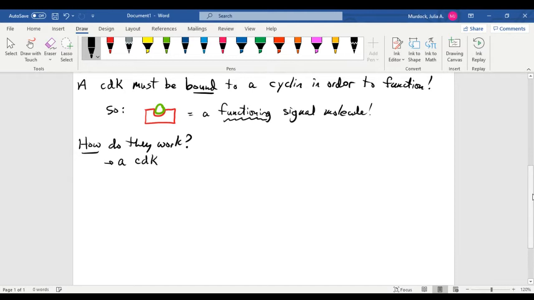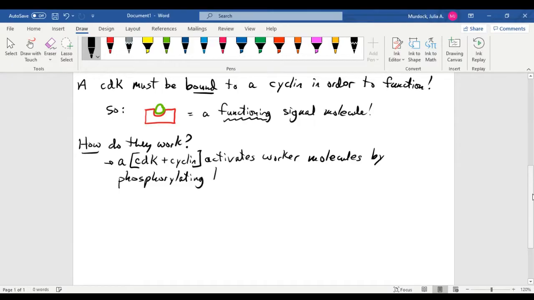A CDK plus cyclin complex activates worker molecules by phosphorylating them.